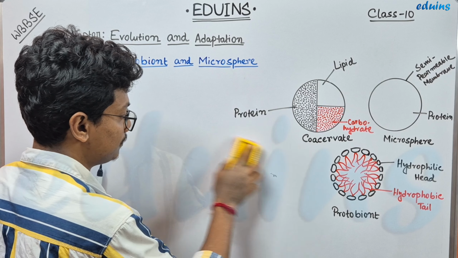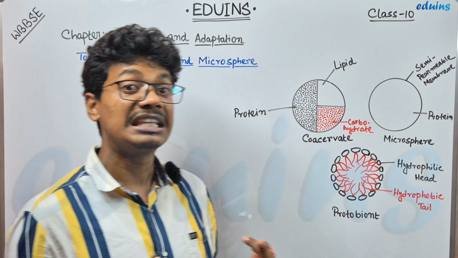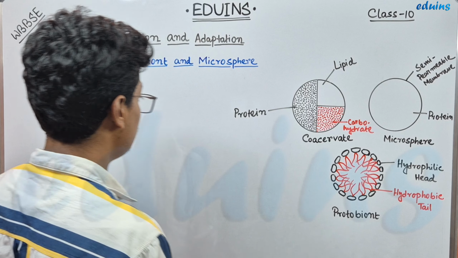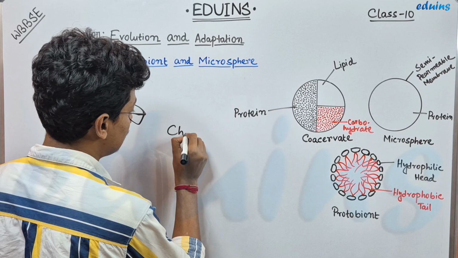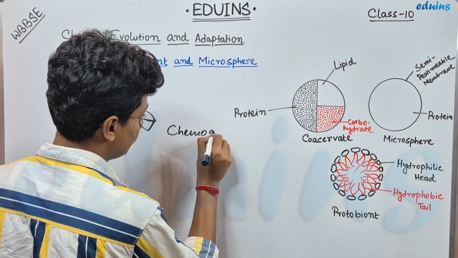The most acceptable theory is the chemogenetic theory, the chemogenetic theory of the origin of life.